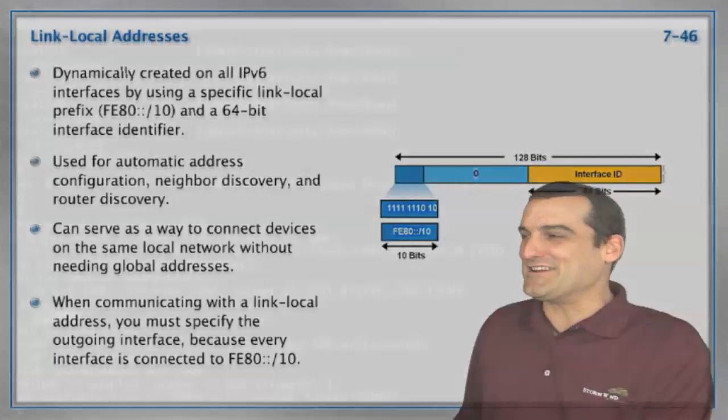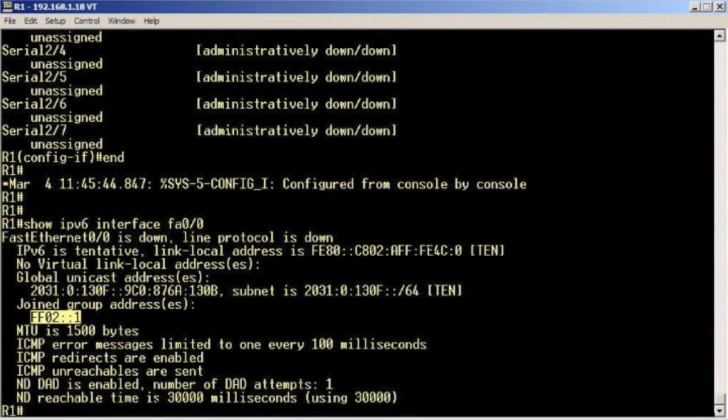Let's check this at the command line to make sure it's really happening. Well, sure enough, when we configured our global unicast address on this particular interface, automatically a link local address was created, and there it is. Yep, there it is.